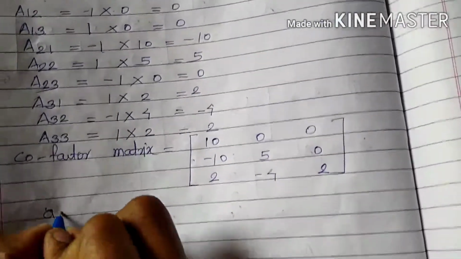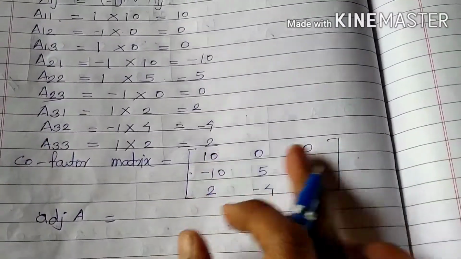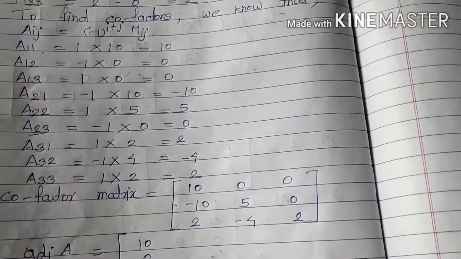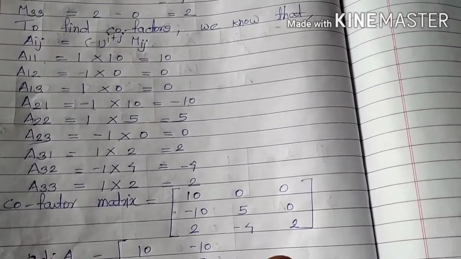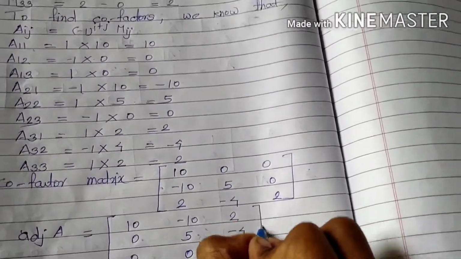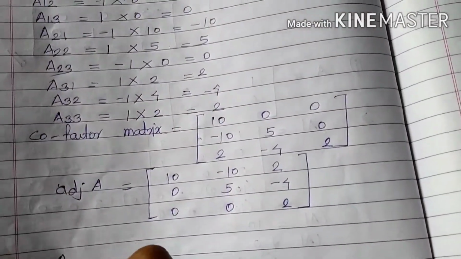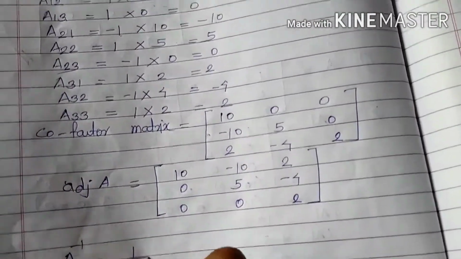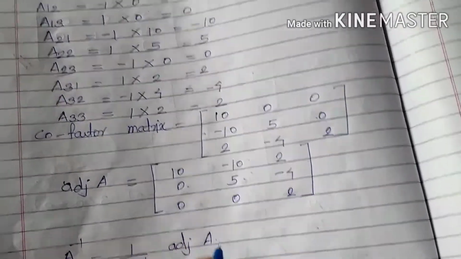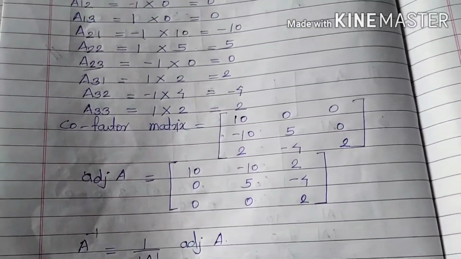Adjoint matrix: interchanging rows and columns, you get this. And lastly, A inverse is equal to 1 upon the determinant of A into the adjoint of A. The determinant of A is 10 and the adjoint of A is this.